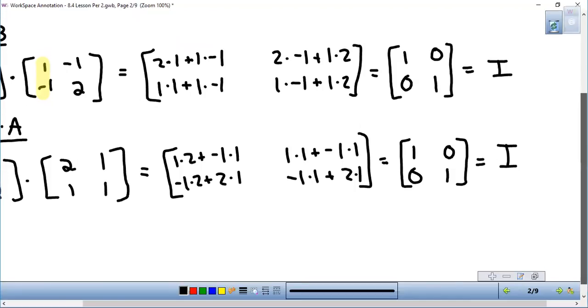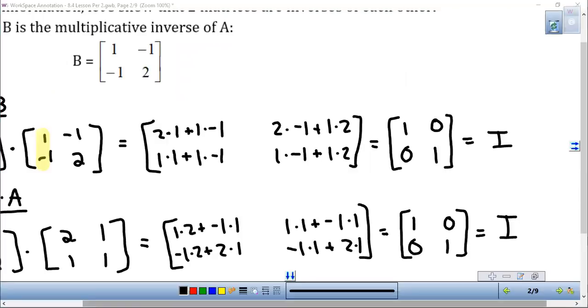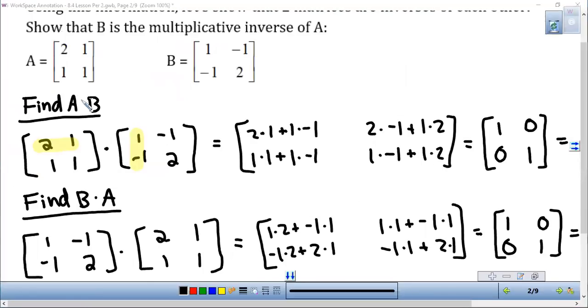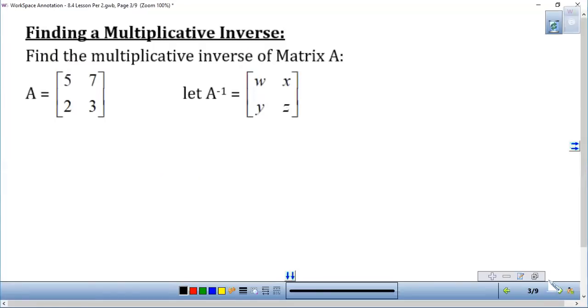Okay, so we've seen how we could verify to see if something is the inverse of another matrix. Let's next talk about how we can actually find the inverse. So let's say for a new matrix A, we'll call this 5, 7, 2, 3. Let's say that A inverse, what we're trying to figure out, let's use variables to represent the elements, W, X, Y, and Z. So we know that a matrix multiplied by its inverse is supposed to equal the identity matrix.